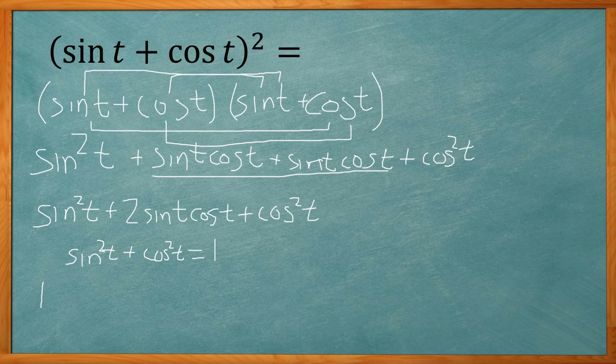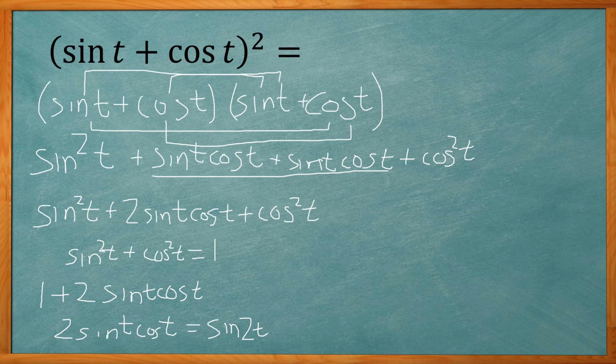So basically we write 1 plus 2 sine t cosine t. And there's also another identity, 2 sine t cosine t is equal to sine 2t.